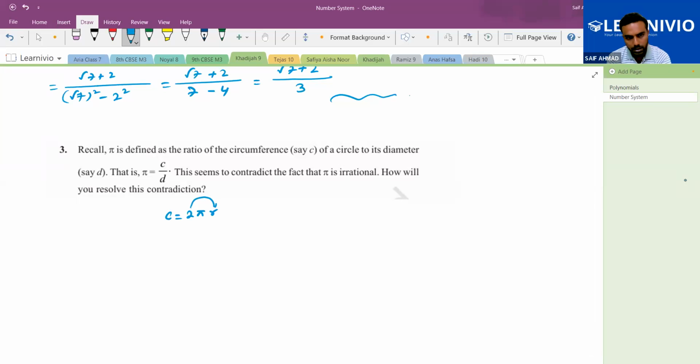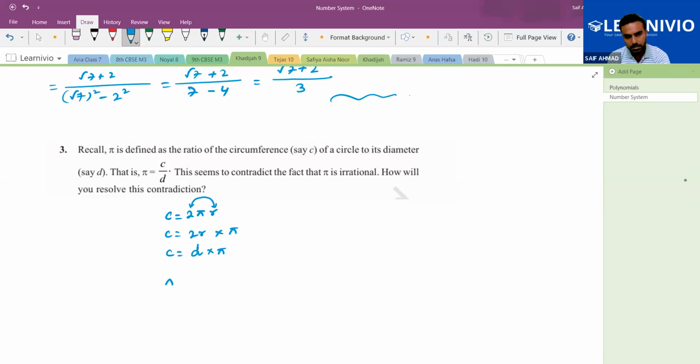And 2 and r, we can write it as 2r into pi. And 2r is double the radius, and double the radius is the diameter of a circle.